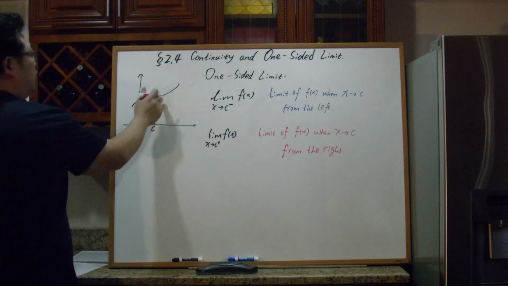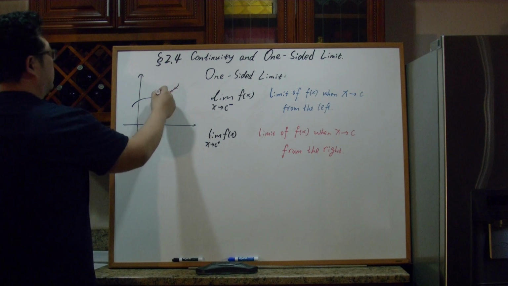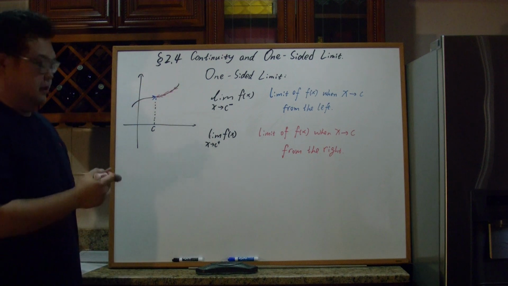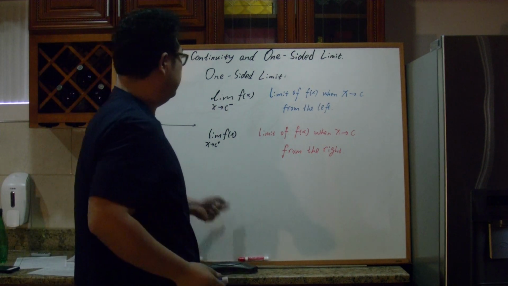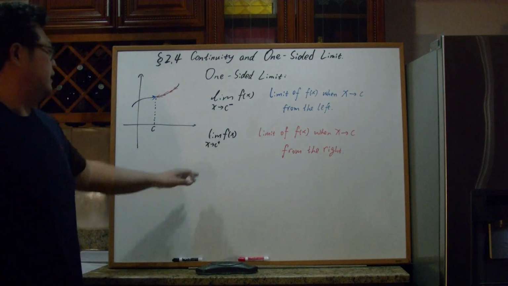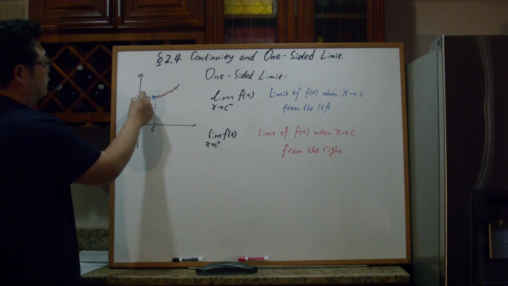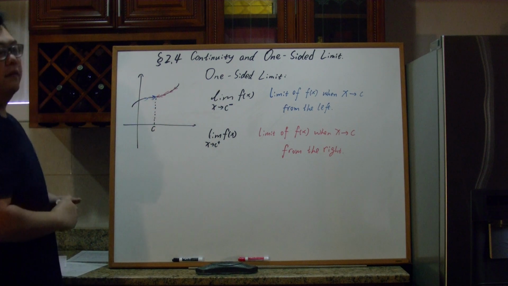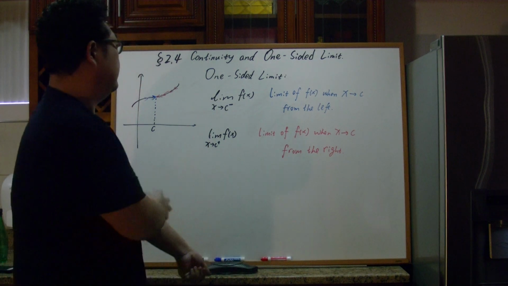So this one is approaching x equals C from the right side. That is the limit from the right side. The C could be any number: positive, negative, zero. And the left side is when it's from the left. So that is called a one-sided limit.